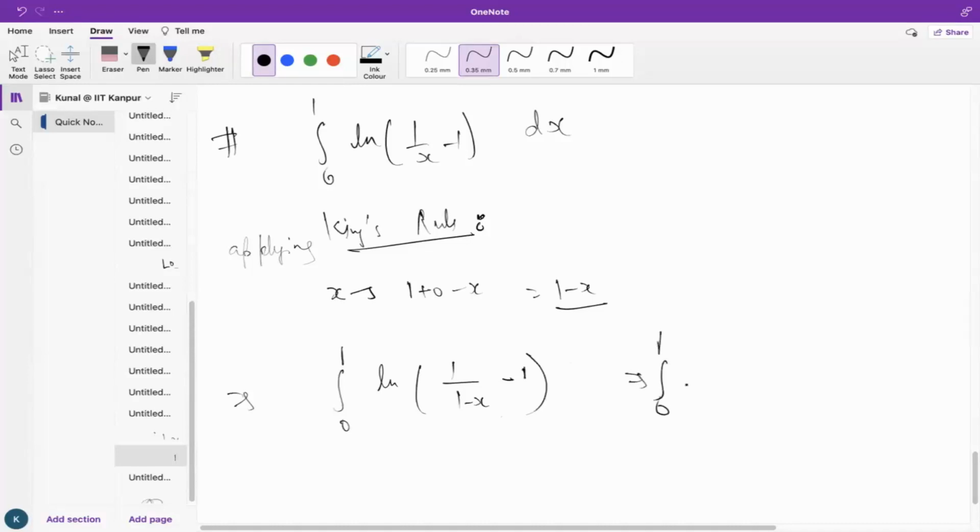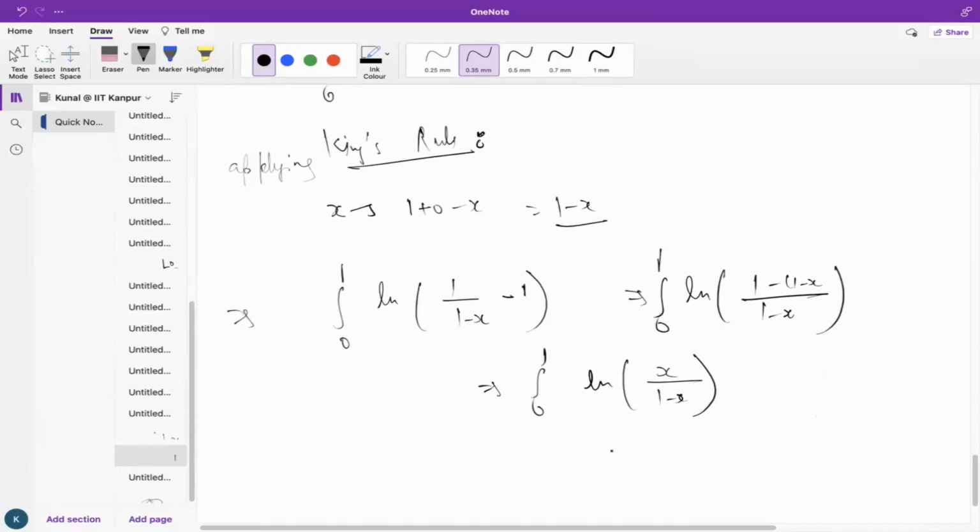So 0 to 1 log of 1 minus x, 1 minus x. So what we get from here? We are integrating from 0 to 1 log of, when we solve this, we get x by 1 minus x, right? X by 1 minus x. Okay.